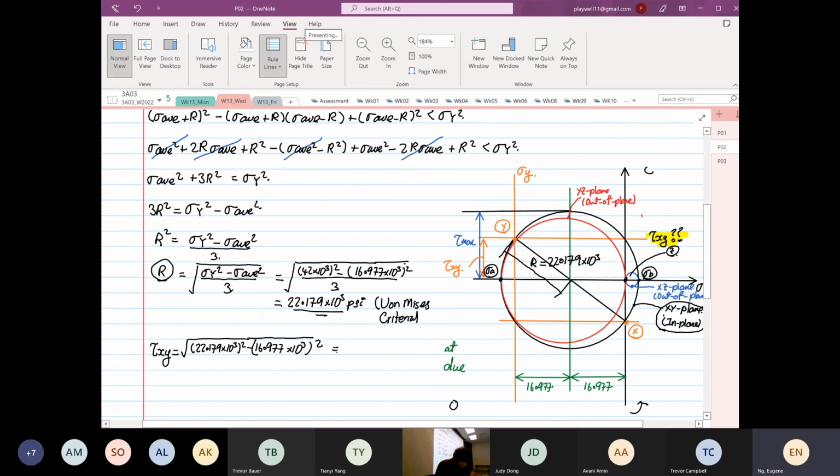Then 22.179 to the power 3 squared minus 16.977 to the power 3 squared, equal, then you square root the whole thing, it's equal to 14.272 times 10 to the power 3 psi.